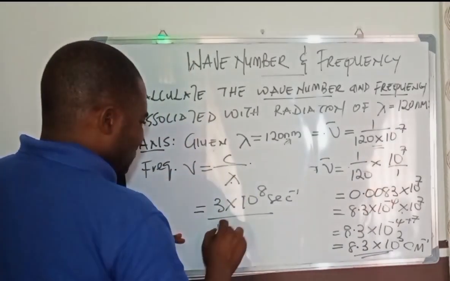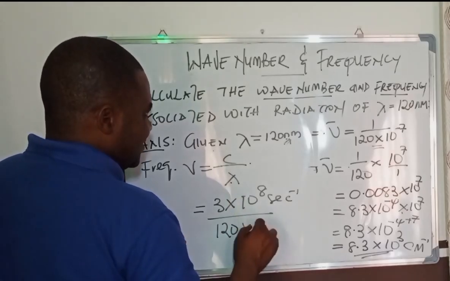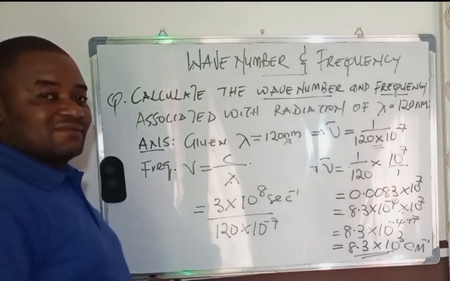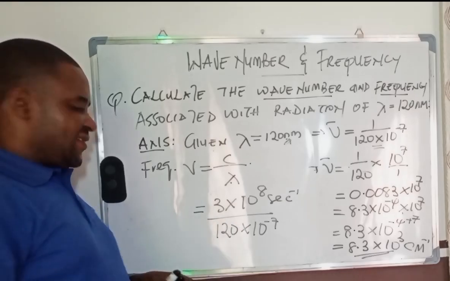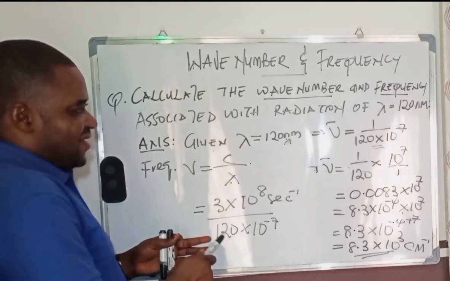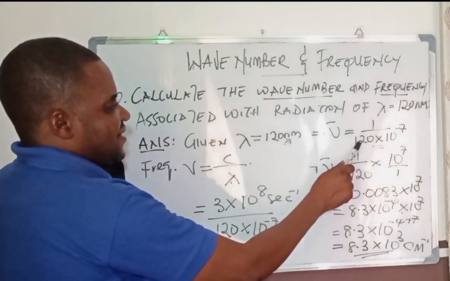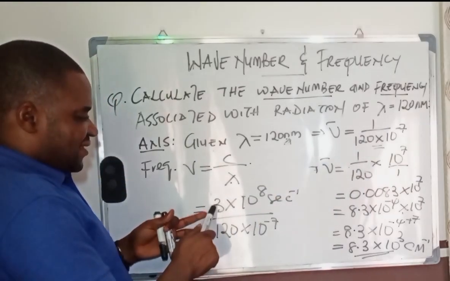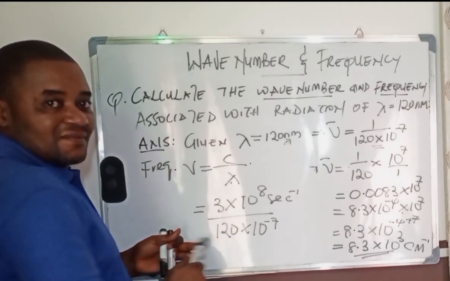So it is 120 times 10 raised to power minus 7. So we have the constant and the given.